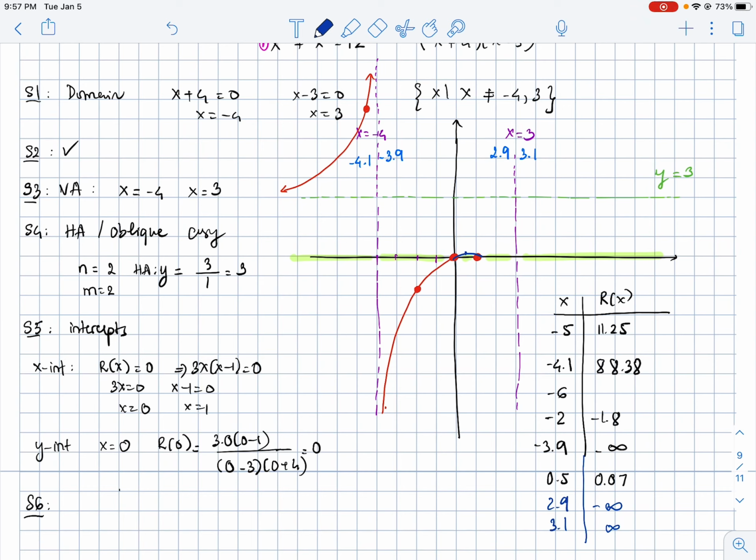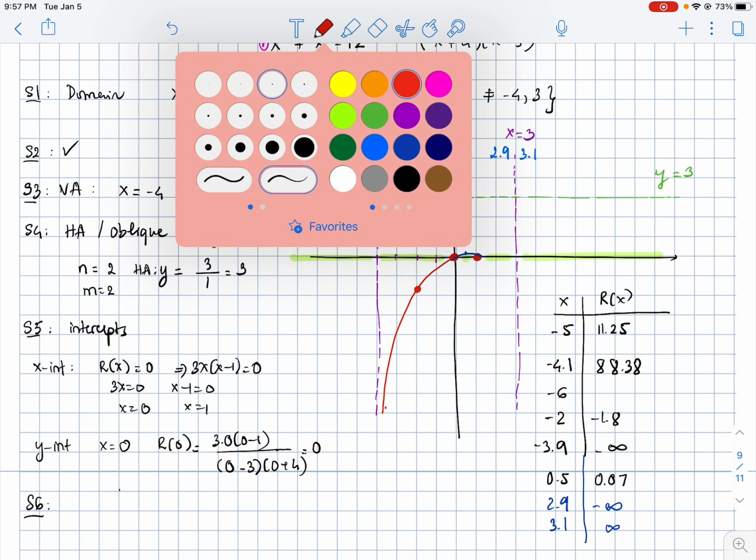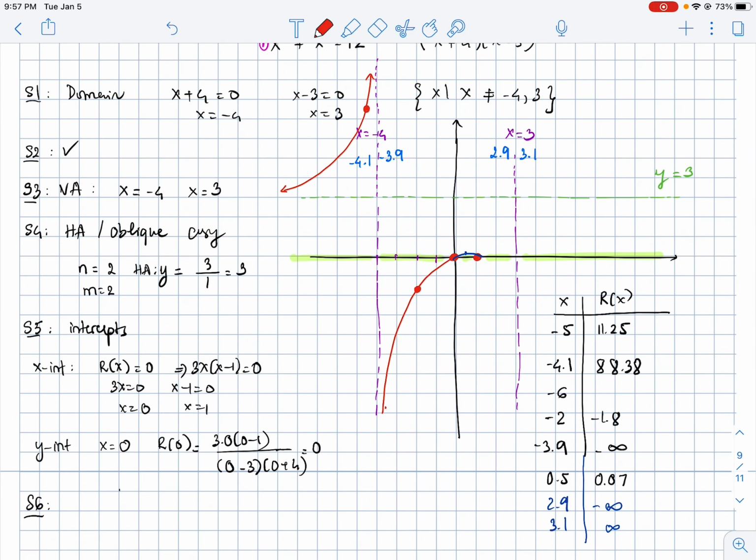You need to input them yourself and find out those numbers. That means we can continue to approach from 2.9, you get a negative number, so it's going to go down here like this. And then 3.1, and the graph approaches like this.